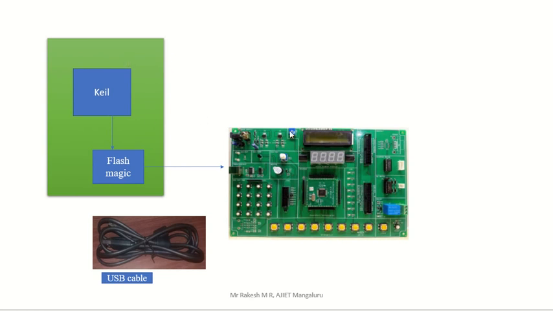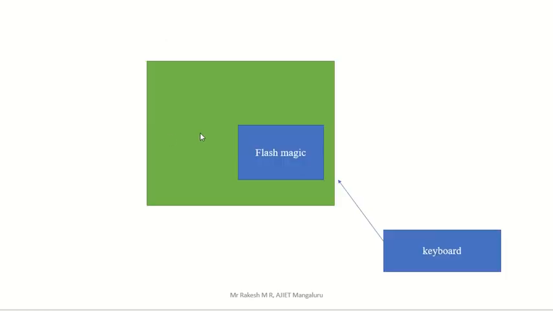Display means not here, but on your computer display. Here once we dump that code in your kit, your computer is connected to a keyboard, and we are going to type something on this keyboard, and those characters or numbers are displayed on your computer monitor.